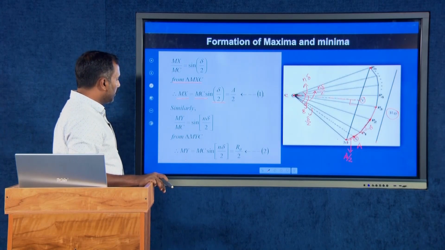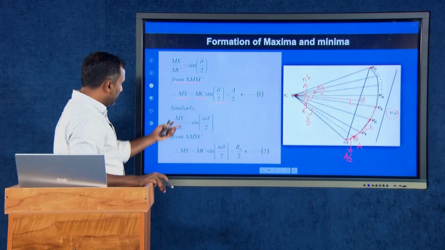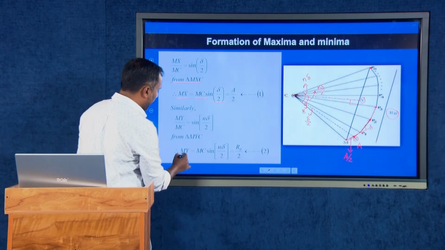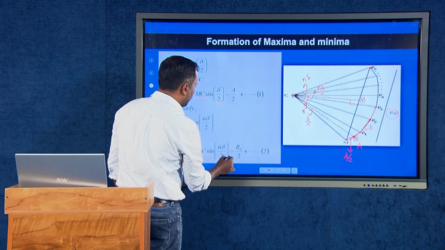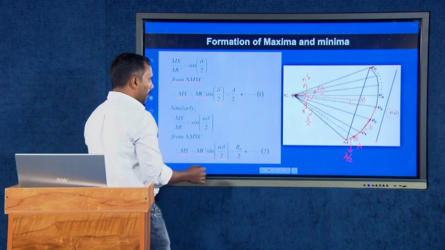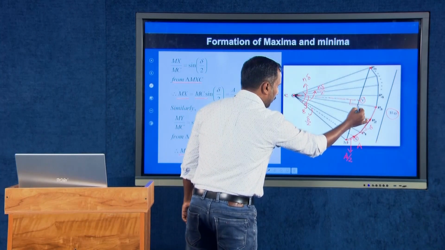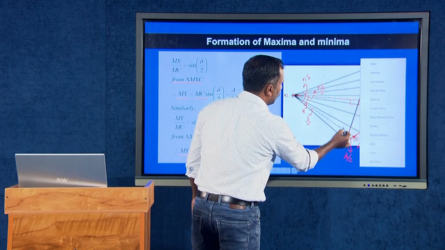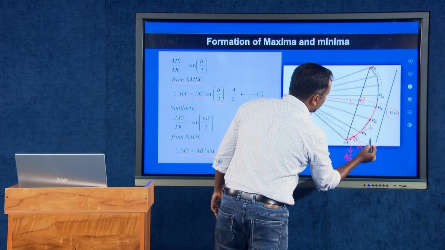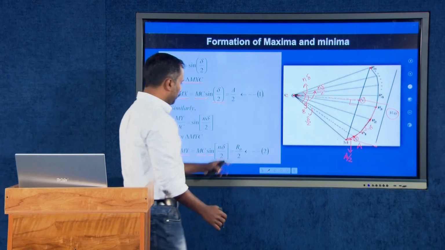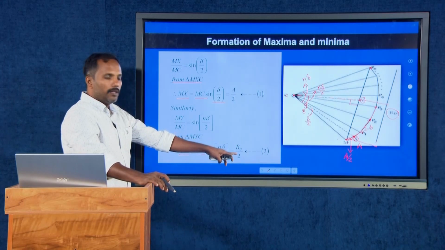From this equation we have MY is equal to MC into sin n delta by 2, where this MY gives the half of the resultant wave, that means R theta by 2. So therefore I am writing it as R theta by 2 here.